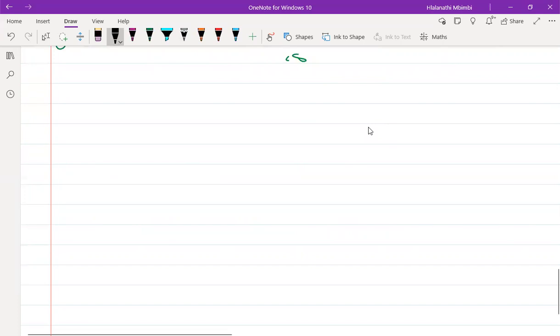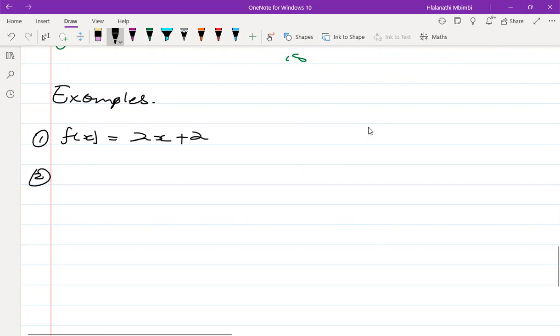So let's go through that. Examples. So we're going to have one, f of x is equal to, let's say, 2x plus 2 to draw. And the second one would be g of x is equal to minus 2x minus 2.